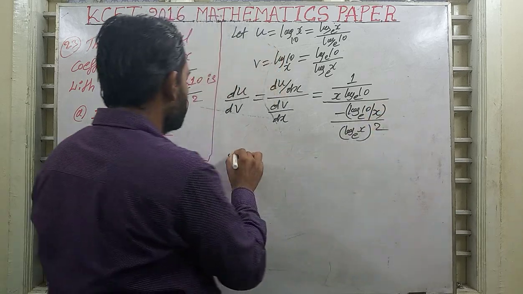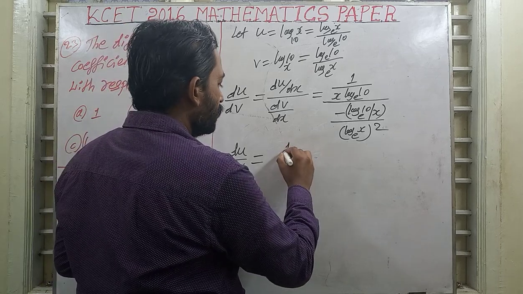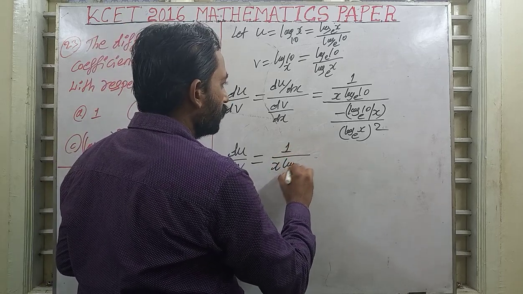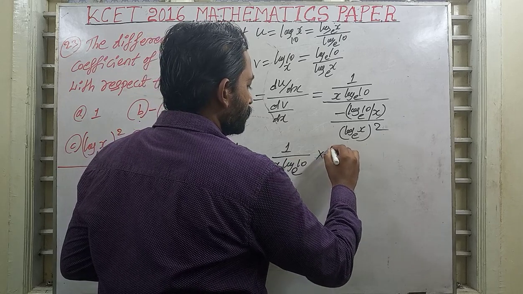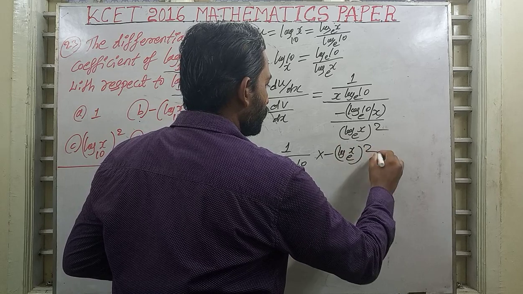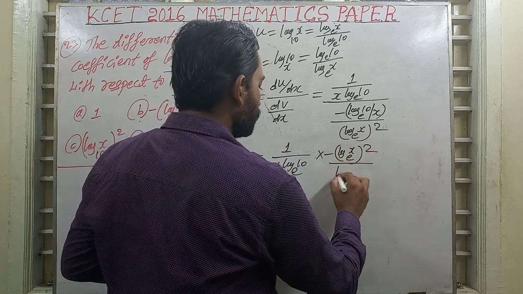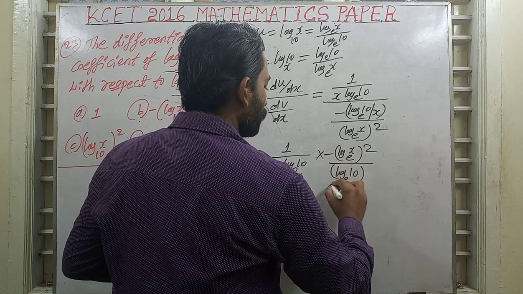Now simplify this, du by dv is equal to 1 divided by x log 10 base e into minus log x base e whole square divided by log 10 base e whole divided by x.